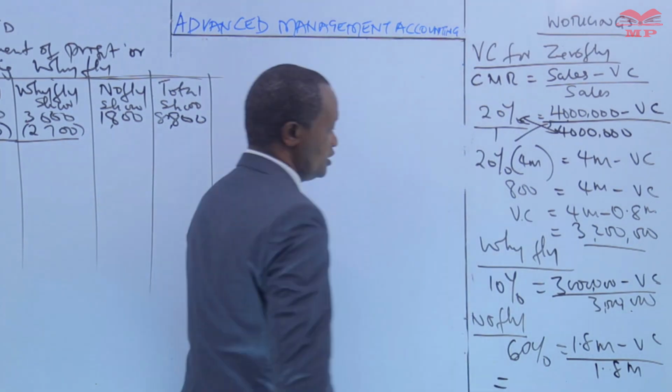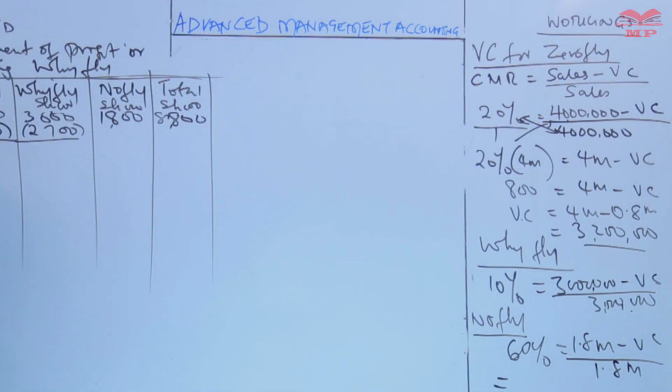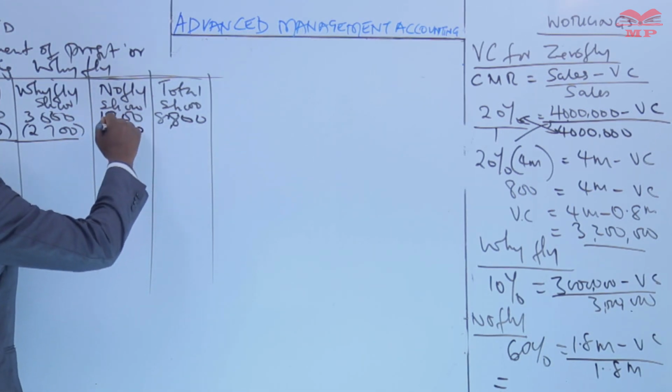How much is the variable cost? Y-fly, Korir, how much? 720,000. 720,000, deduct.